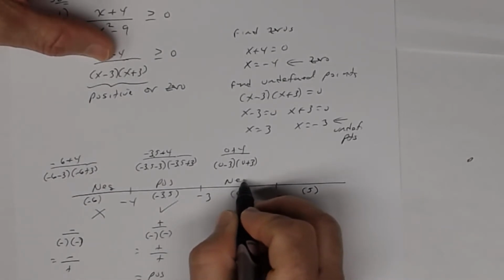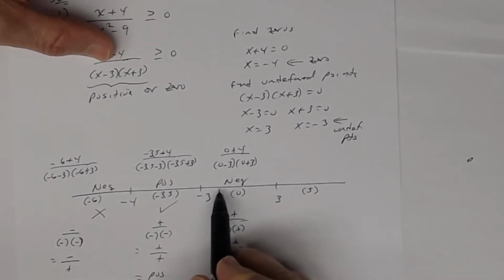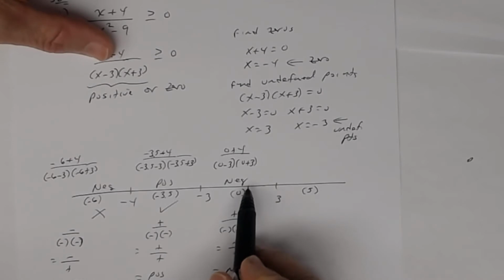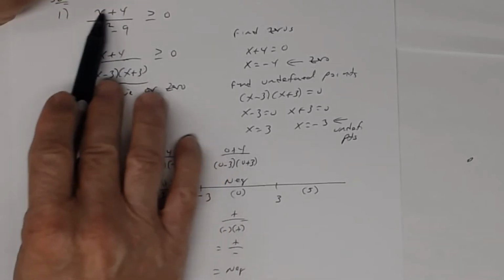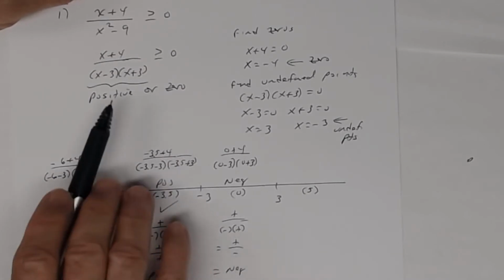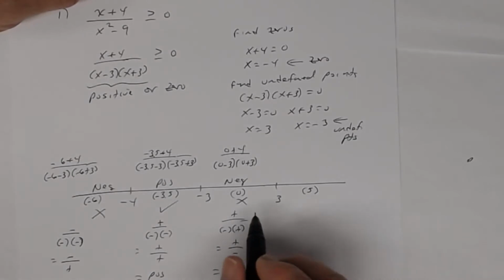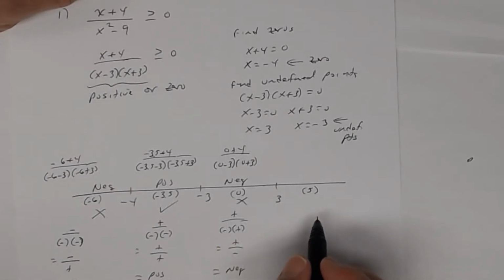So that's negative. So what that means is that any real number between -3 and 3 in that interval right here will make this rational expression, or this one, they're both the same, a negative number, but I want positive, so that's not going to be a solution. So I'll put a little X there to remind me not to use that interval.